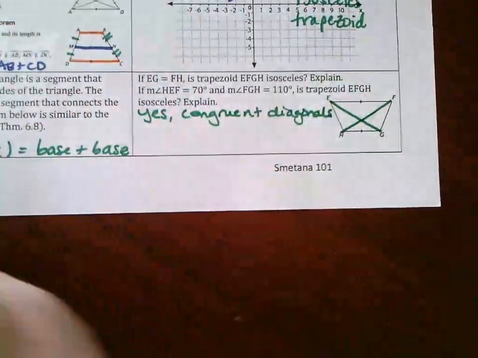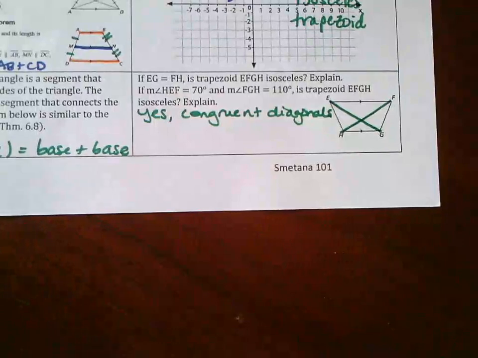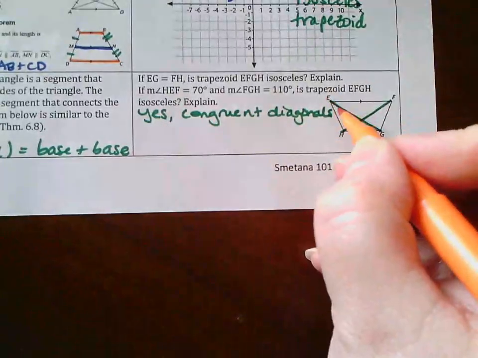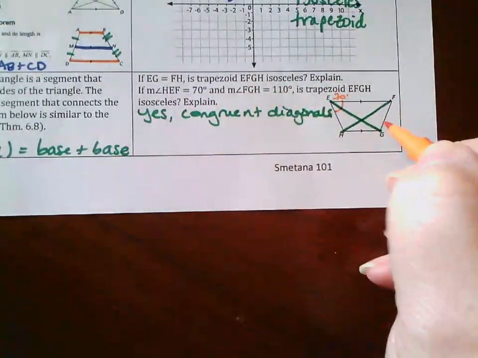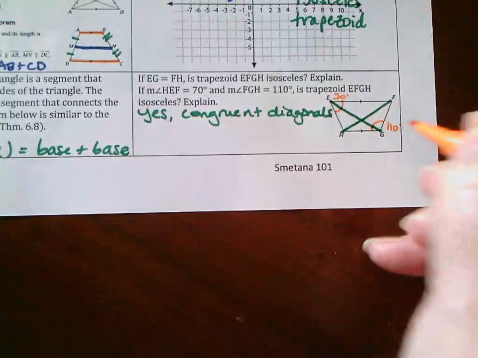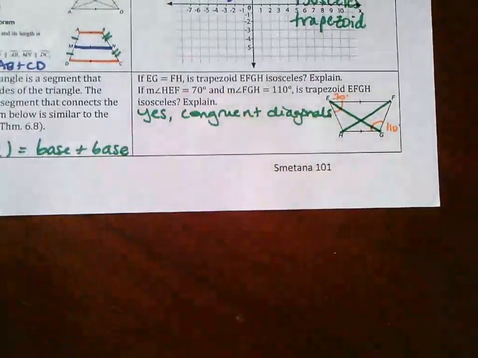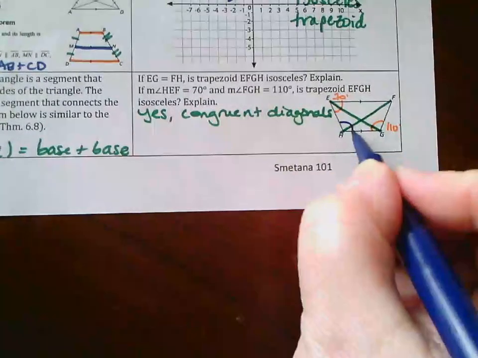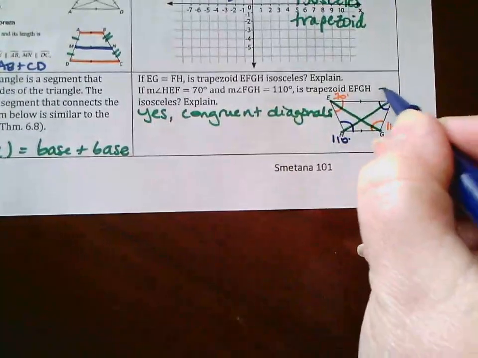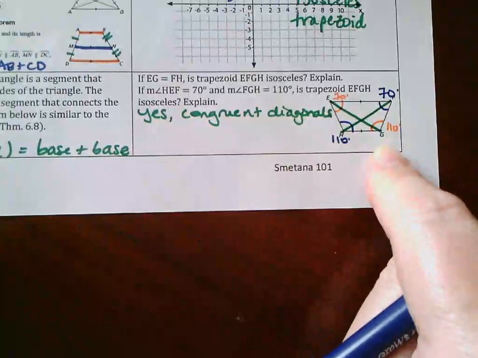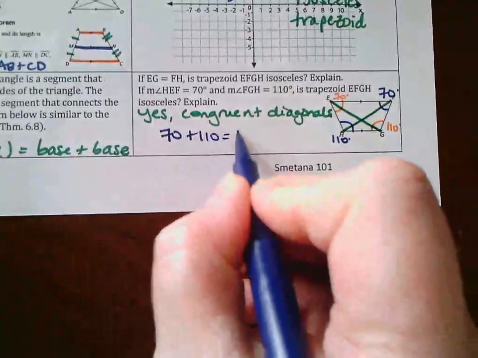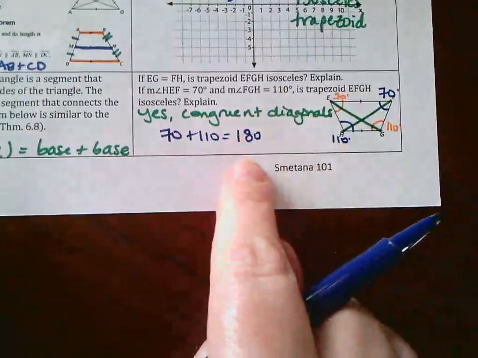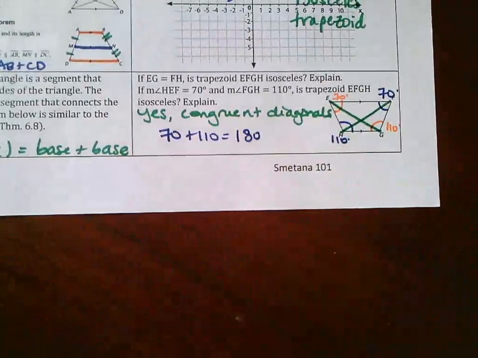Okay, the other thing you need to know here is that you have HEF 70 degrees and FGH, this one here, 110, which means that this is 110 and this is 70 because the base angles are congruent and they're consecutive. 70 plus 110 equals 180, and that makes them supplementary angles. So that's another way that you can say this is a trapezoid.